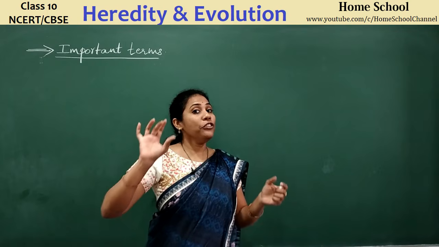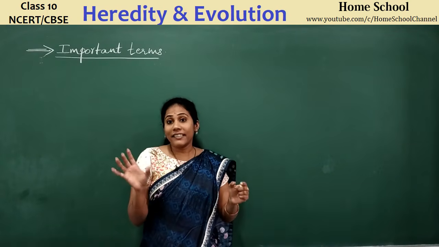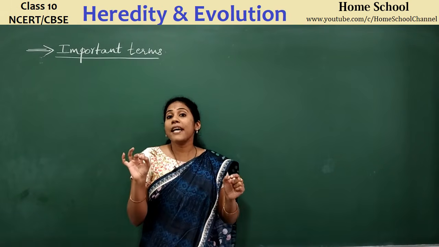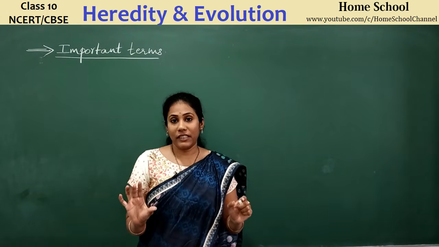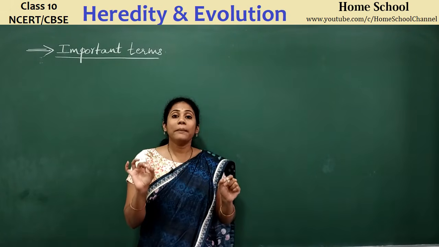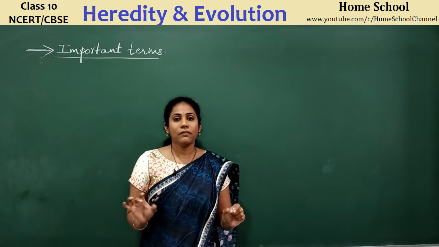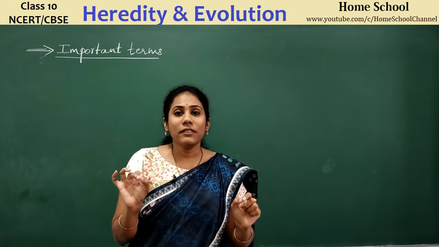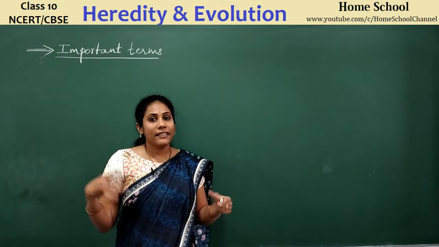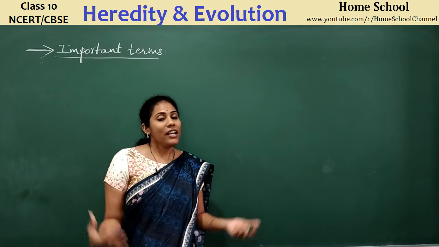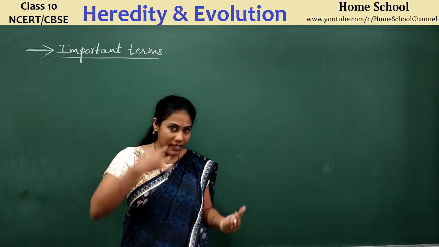If you can understand the meanings of these terms, I think your concept clarity becomes perfect. Once you have that perfection with the concept, then you can answer any type of question that is asked on a concept, isn't it?